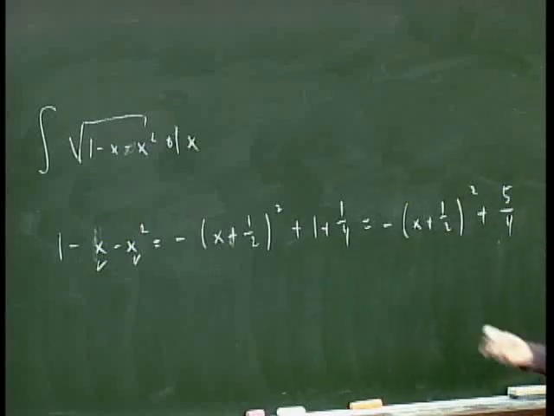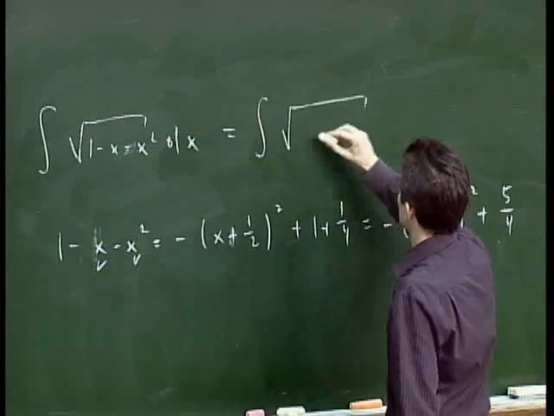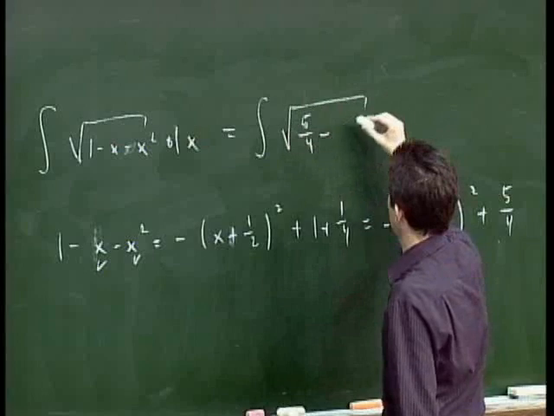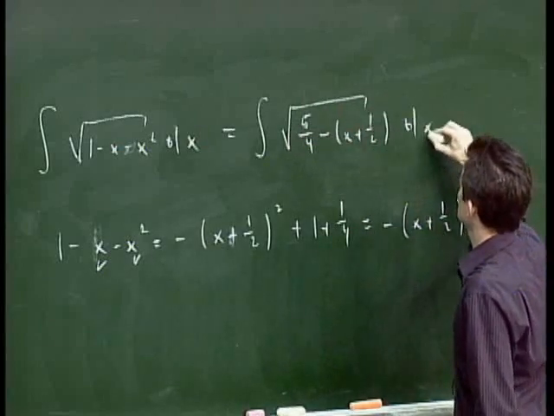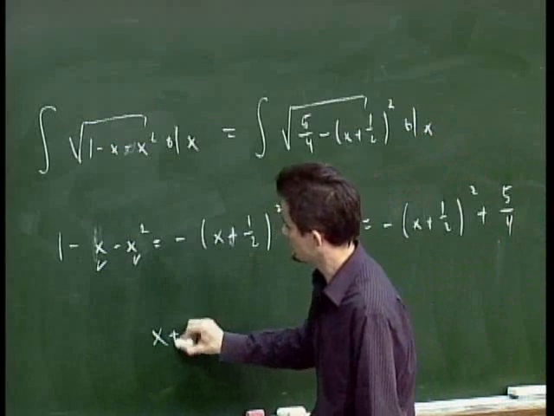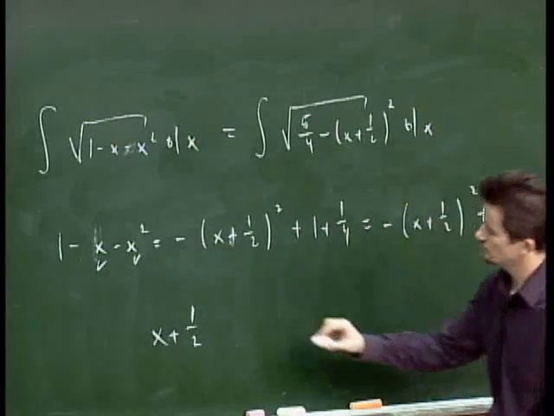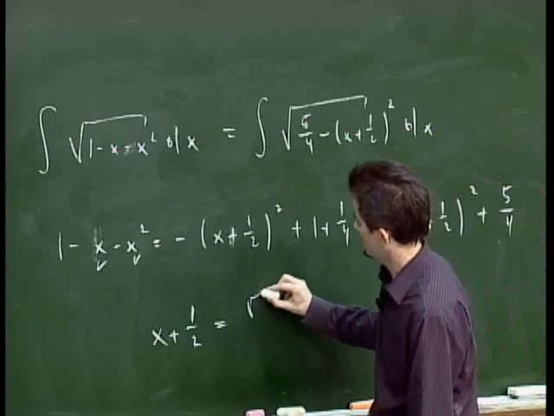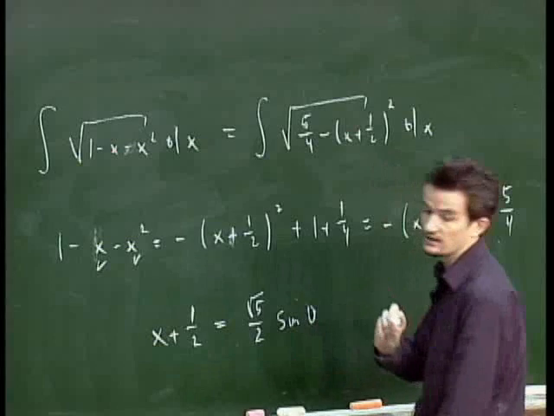Okay, and you first rewrite it like this. So you have the integral of the square root of 5/4 minus (x plus 1/2) squared dx here. And now you use the substitution. You just substitute everything. x plus 1/2 will be the square root of 5/2 times the sine of theta.